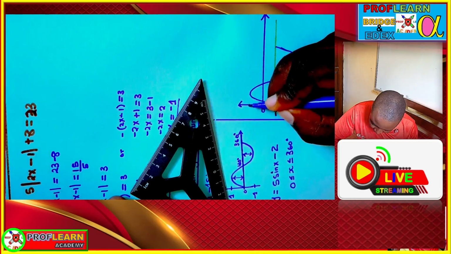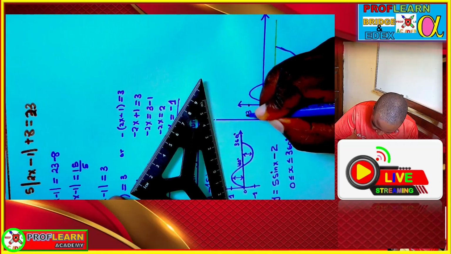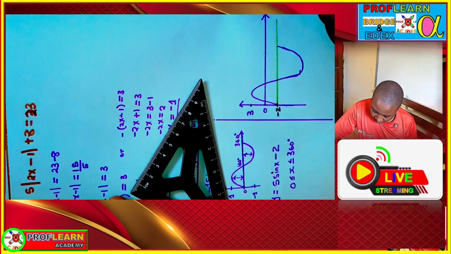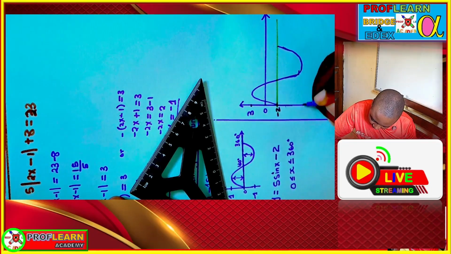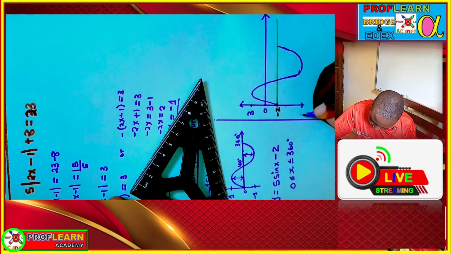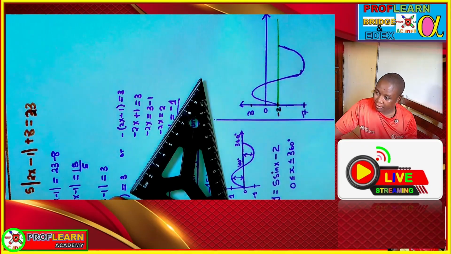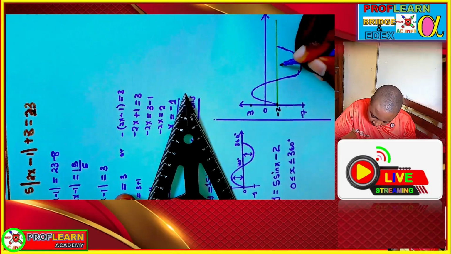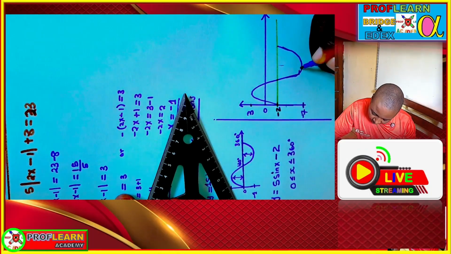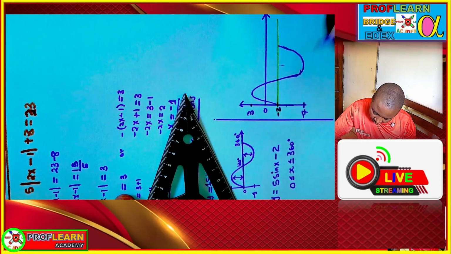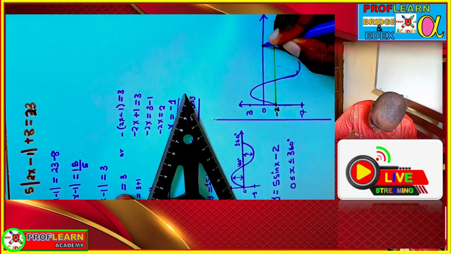So this point here will be 3, and this point here will be -7, so that the amplitude remains to be 5.